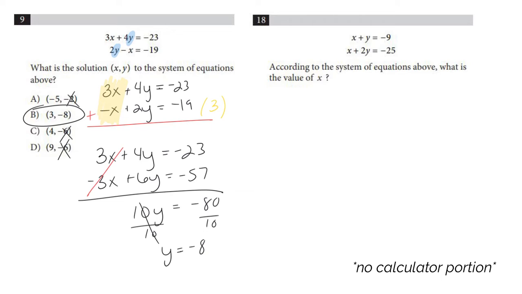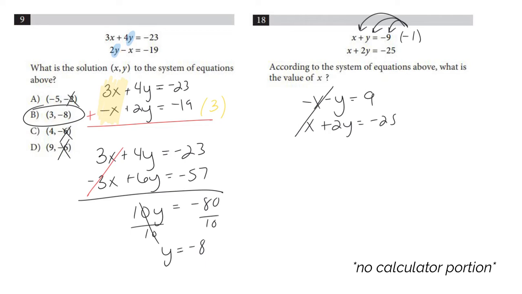For the second problem, I'm going to go ahead and multiply one of my equations by negative 1. When I do that, that will allow me to have opposite signs on my x. So I'll have negative x minus y equals positive 9. And then the second equation will just stay the same.